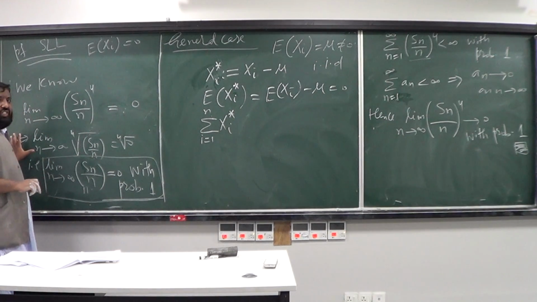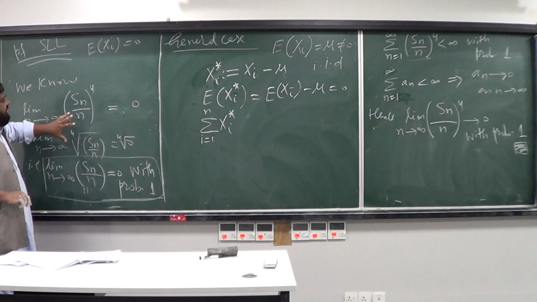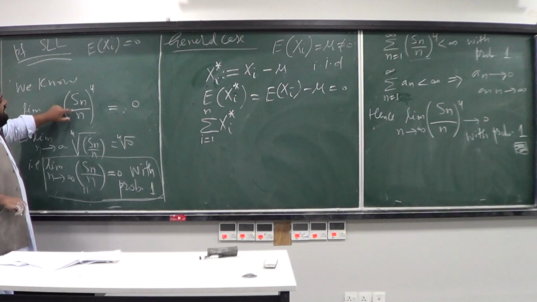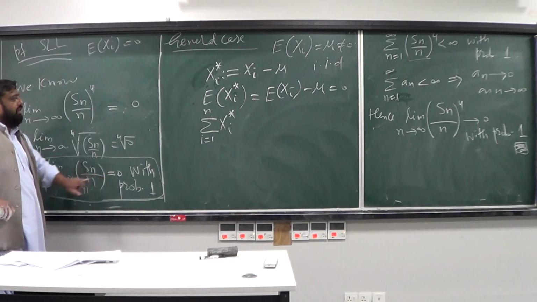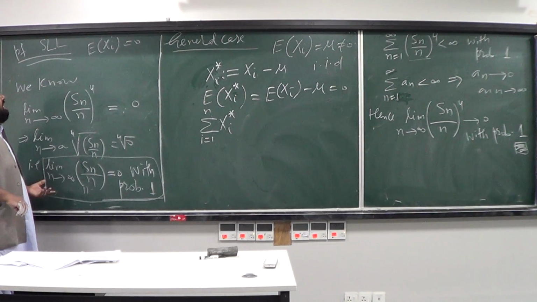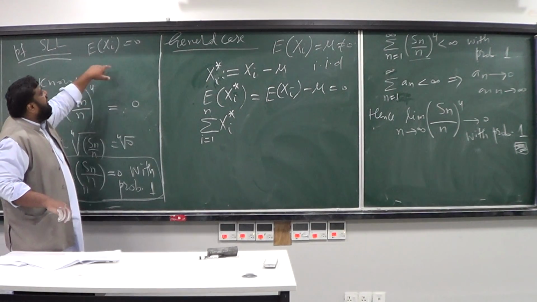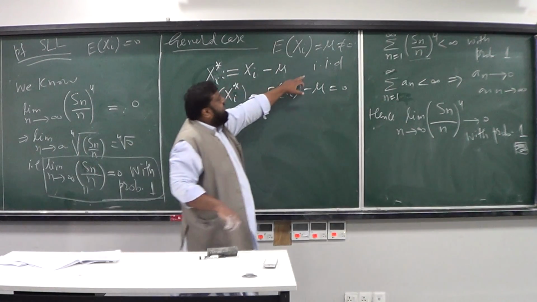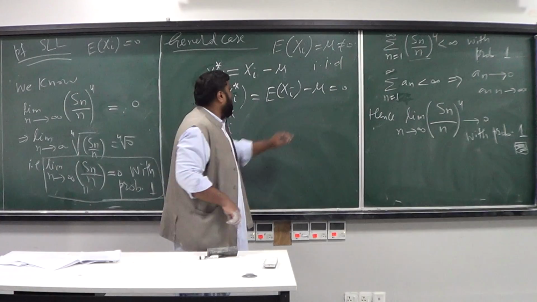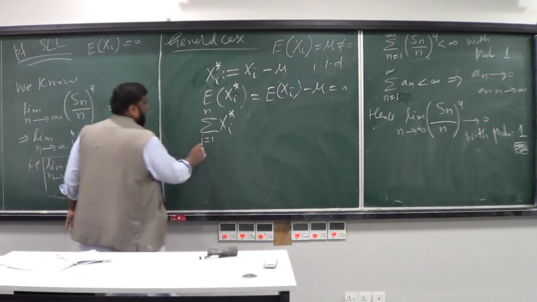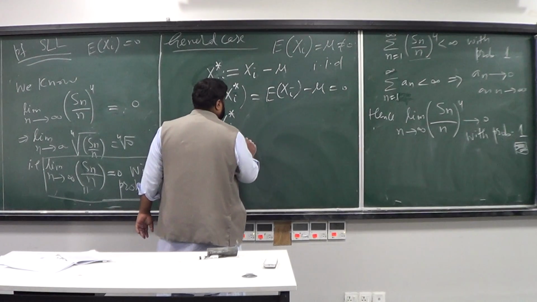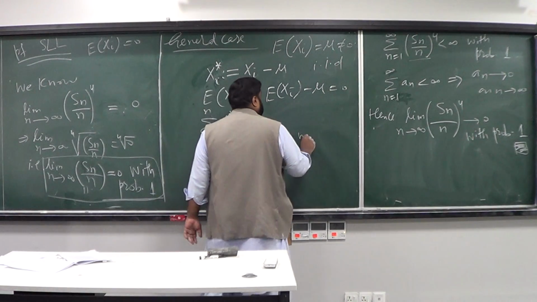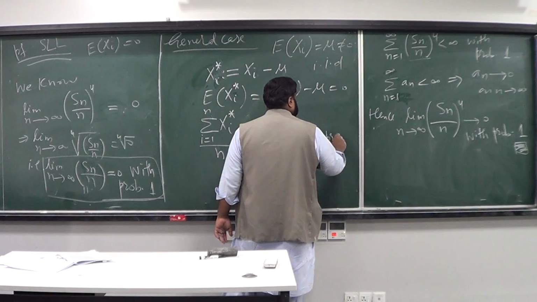Then from the previous case, the result says that the sample average goes to 0 with probability 1 for random variables which are IID and whose expectations are 0. Now we have IID xi star whose expectations are 0. So from this result, this converges to 0 with probability 1.